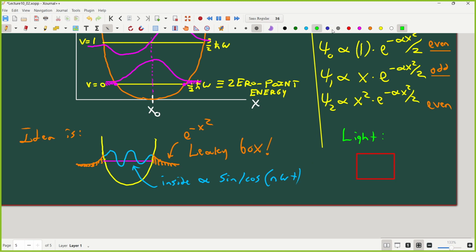Let's say our light is monochromatic. Here's my light wave, sine of 2 pi frequency times t, and it has some amplitude, I'll write that A. When it enters the box, the box is absorbing, so this is a partially absorbing box.